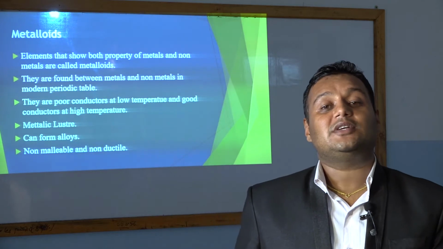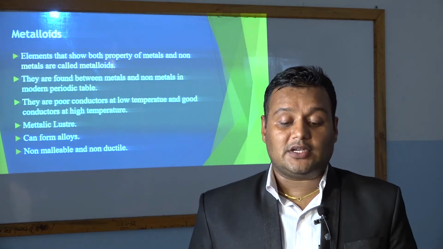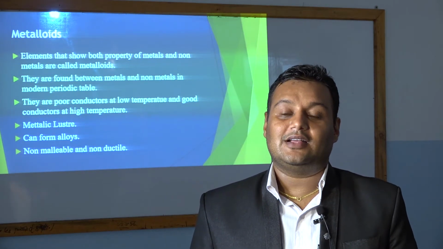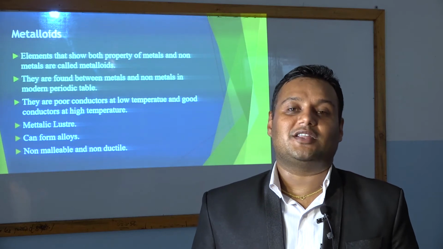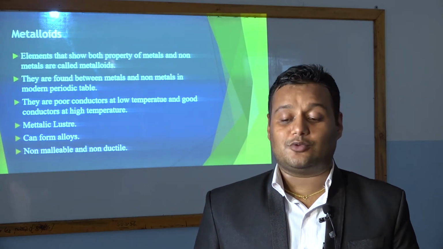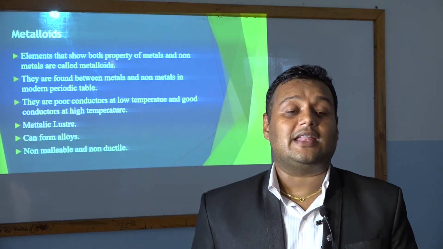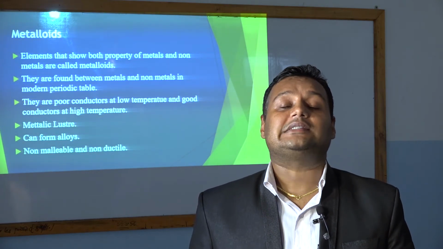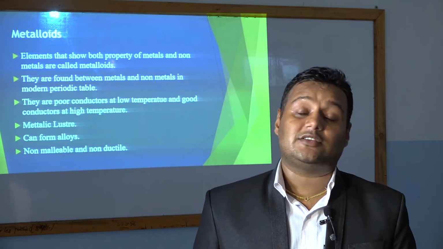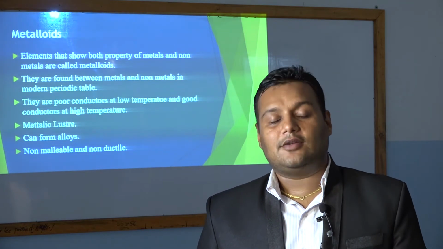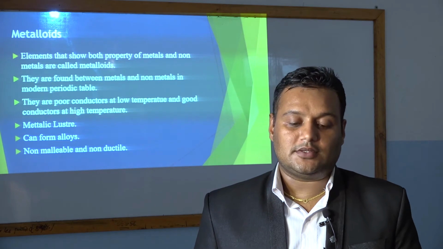Metalloids are elements which sometimes show the properties of a metal and sometimes the properties of a non-metal. They show such confusing properties that by seeing a single property, we cannot distinguish between metals, non-metals and metalloids.